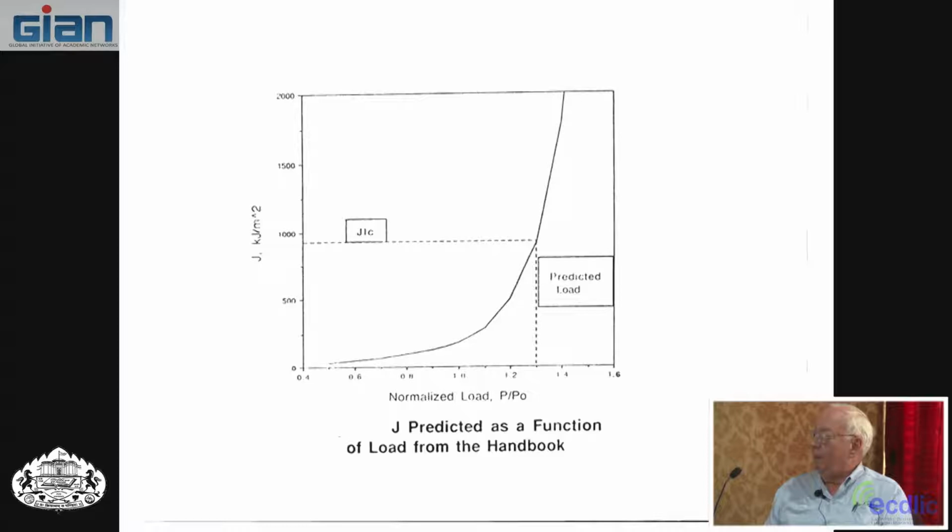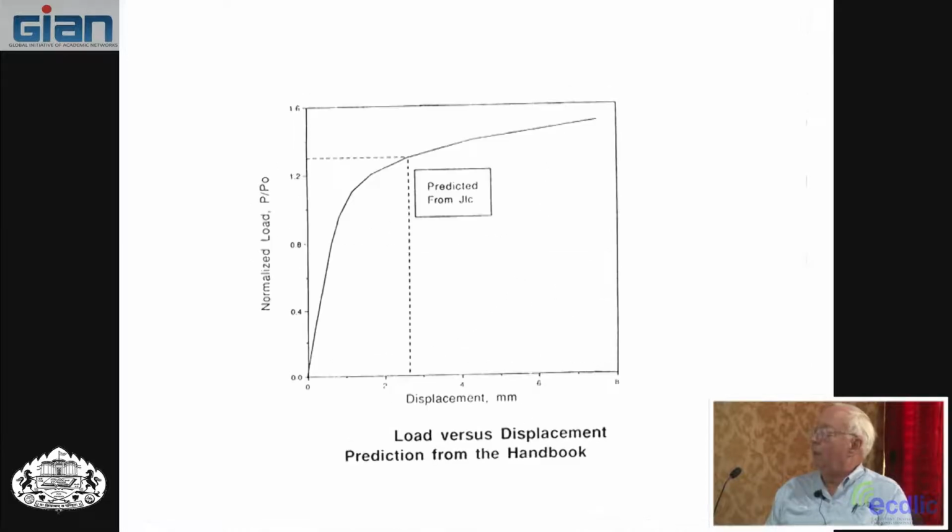And it's not necessarily limit load, just a calibration load. And the load to the calibration load then is on the horizontal axis and the J on the vertical axis. Now there's a formula for picking this calibration load, P sub 0. So if you know something like J1C, you can predict the load.